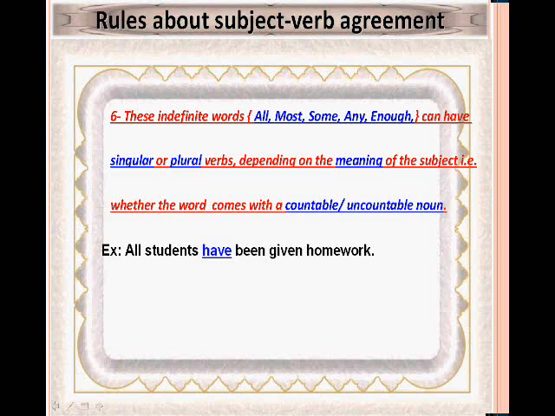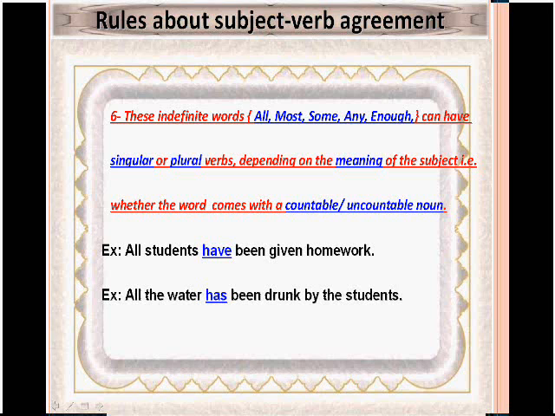Okay, if I have a sentence like that, all the water has been drunk by the students, here I have also the same word all, but what came after it is an uncountable noun, so I had to use the singular verb has. So the difference between the first sentence and the second sentence is that with all, in the first case, students, noun, and of course it is countable, it is plural, then the verb have is in the plural form.